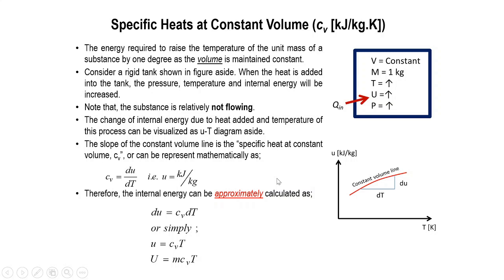So the slope of the constant volume line is the specific heat at constant volume, Cv, which can be represented mathematically as Cv equals dU over dT, and therefore the internal energy can be approximately calculated as dU equals Cv dT, or simply as internal energy U equals Cv times temperature T.